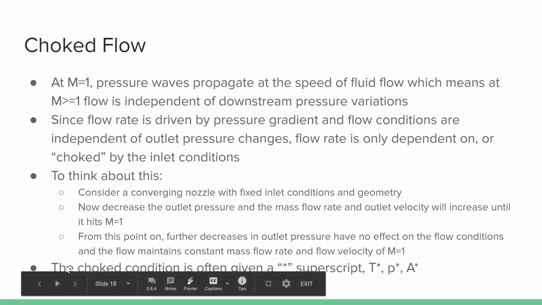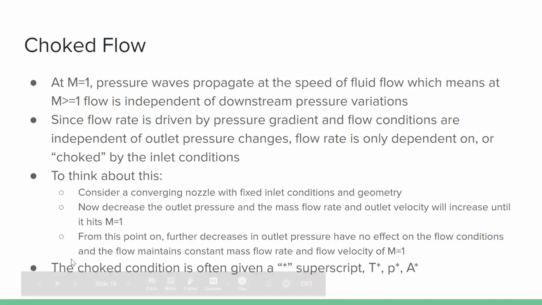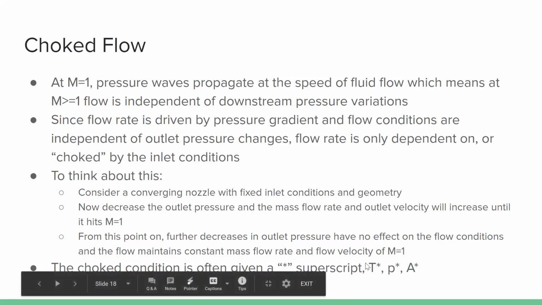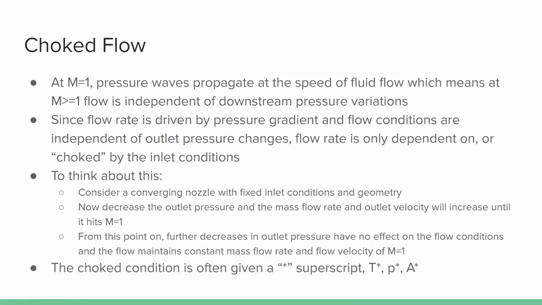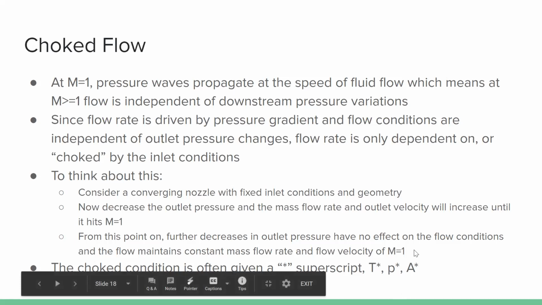So in rocket math, conditions at the choke point of the nozzle are usually given a star superscript. T star is temperature at the nozzle choke point, P star is pressure at the nozzle choke point, and A star is usually the nozzle throat area.